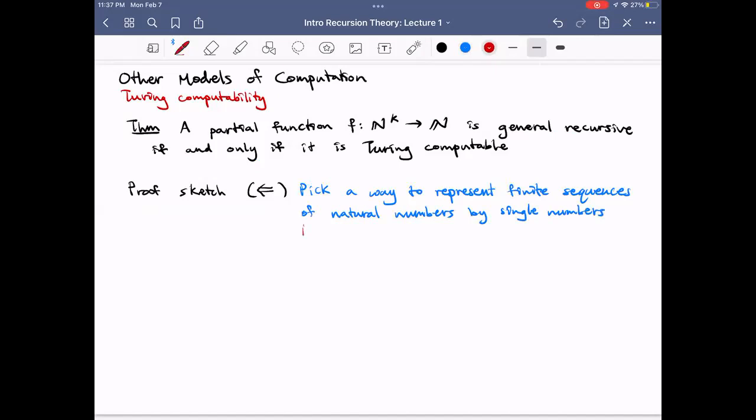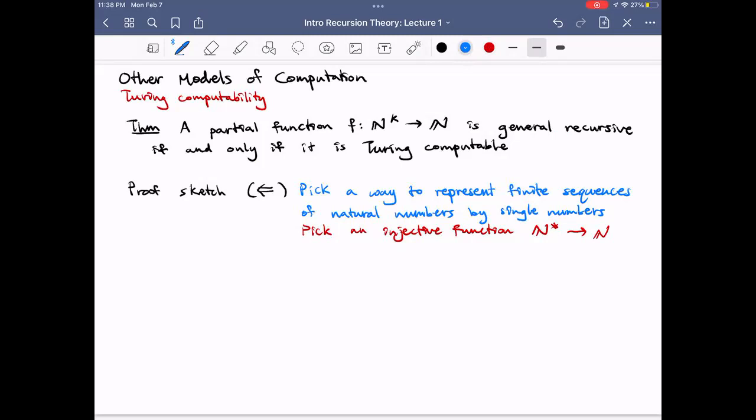In other words, we want to pick an injective function, and I'll maybe explain this notation in a moment, from the set of finite sequences of natural numbers to the natural numbers, and that will allow us to think of a finite sequence of natural numbers as just a single natural number. So that's the first step. Maybe it's not clear yet why that's a helpful step to take.